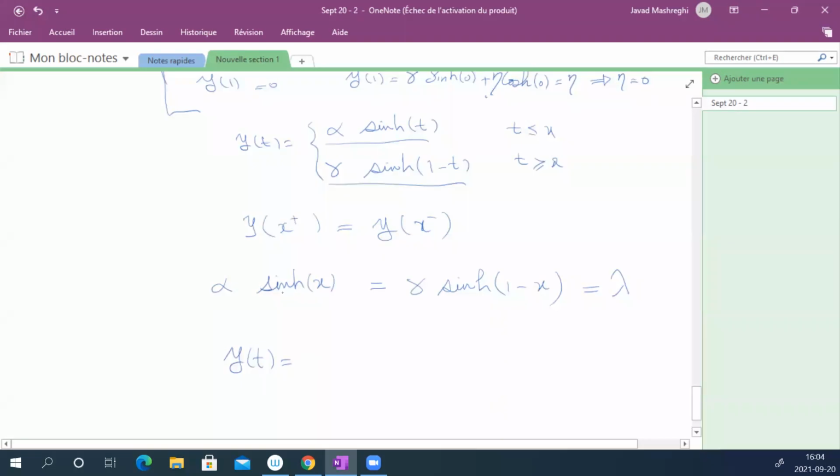Alpha is lambda divided by sine hyperbolic x, times sine hyperbolic t. And gamma is lambda divided by sine hyperbolic 1 minus x.